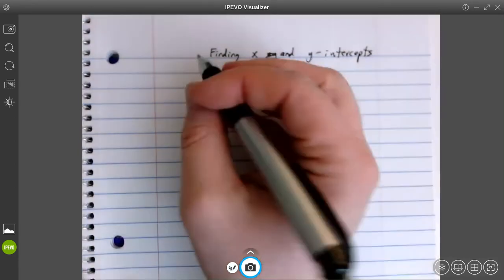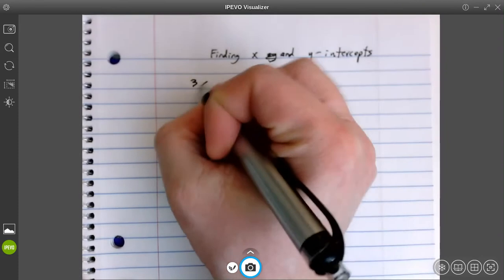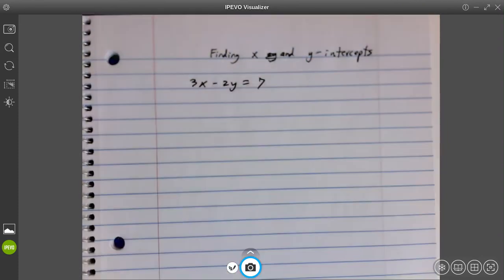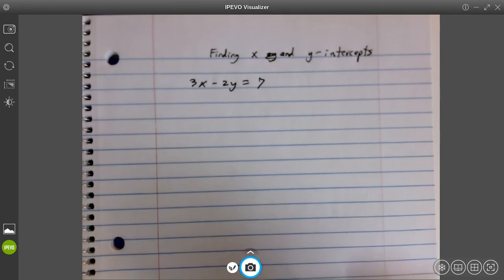So let's say we have this as your equation of a line. It's in standard form as opposed to slope-intercept form. Now, to find your y-intercept and your x-intercept, it's pretty simple.